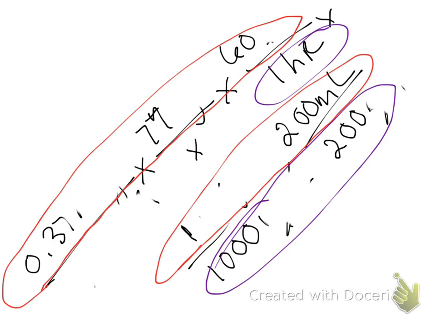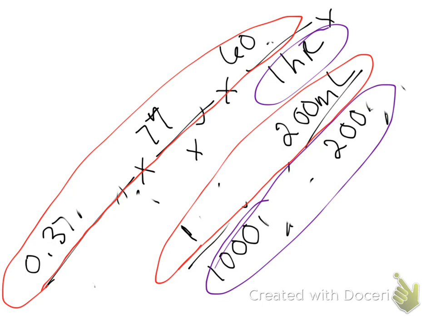I'll do it right here real quick. 0.375 times 77 times 60 times 200. You do it again. When you're doing drug doses, you probably should do it more than once, because you never know. 0.375 times 77 times 60 times 200.